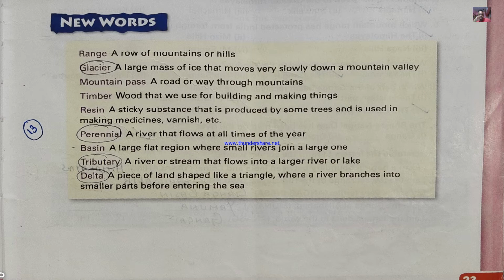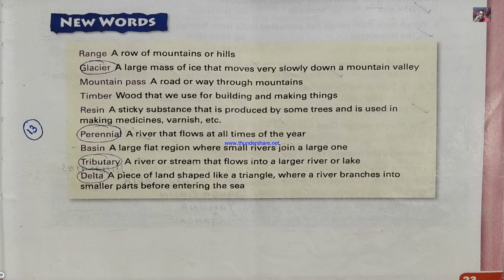Then we come to the next one, perennial. The word perennial tells us that it is throughout the year, eternal. So, a river, especially those rivers, not all the rivers, those rivers which are flowing down from the Himalayas.